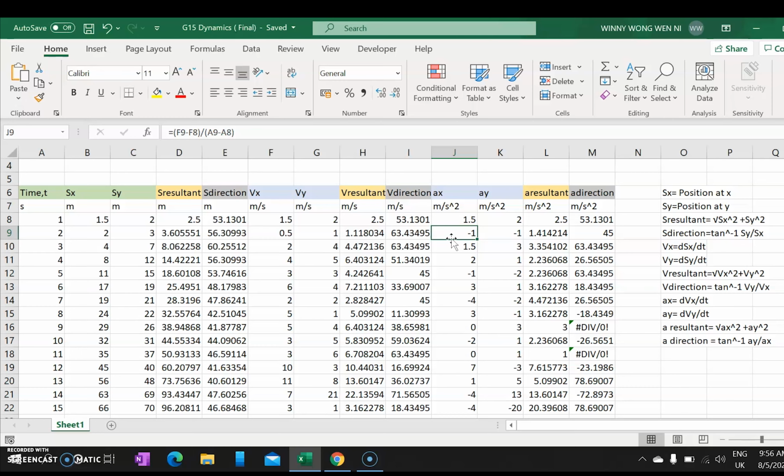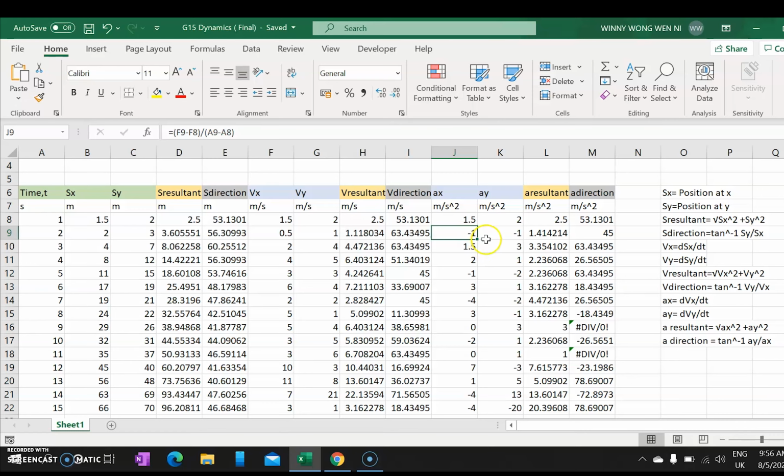From cell J9 here, we can see the formula is equal to F9 minus F8 over A9 minus A8. F9 is the velocity in x direction, and F8 is the initial velocity in x direction. So we calculate this as 0.5 minus 1.5 over the change in time, which is 2 minus 1, and we get an acceleration in x direction of -1.